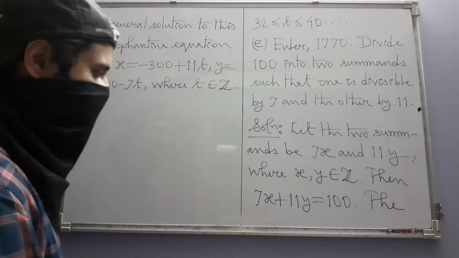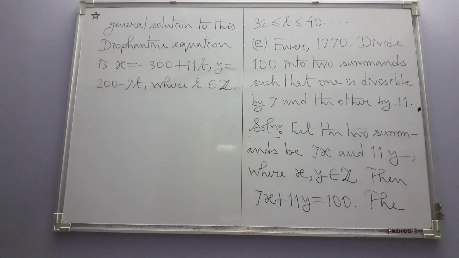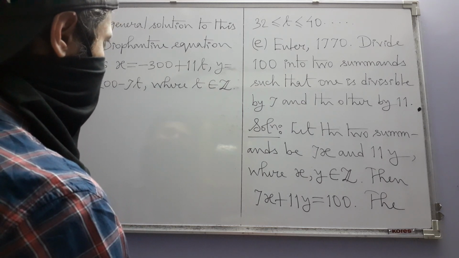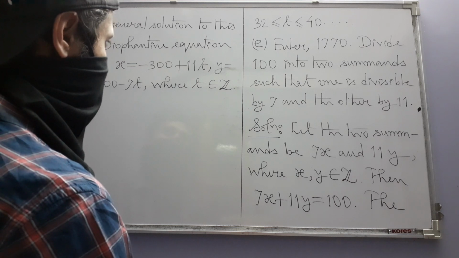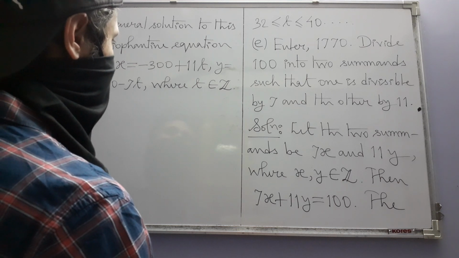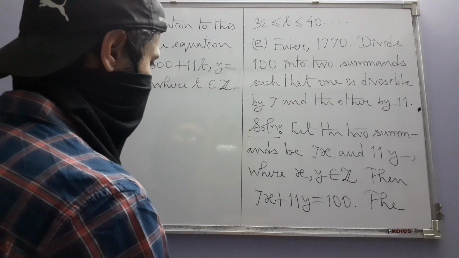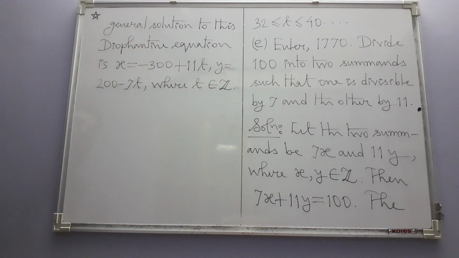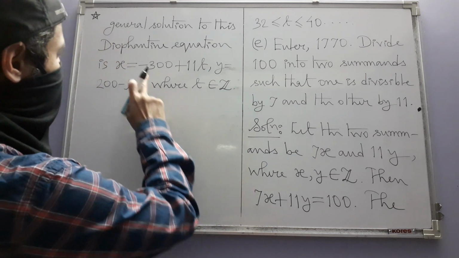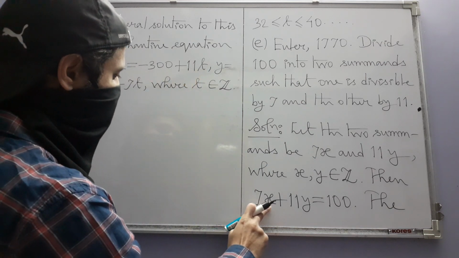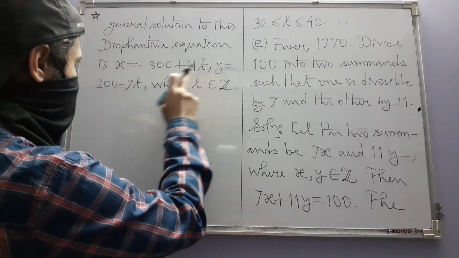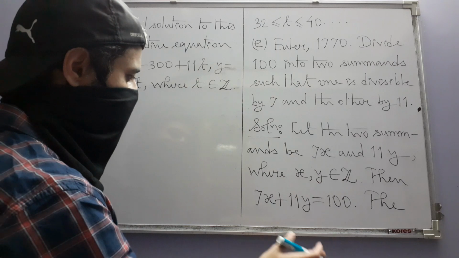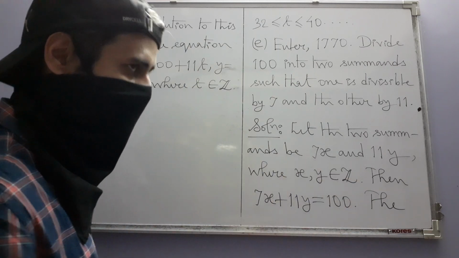No? We just need two integers. But at the same time, there is another thing, of course. If we put this expression for x here and this expression for y here, for any integer t, we are of course going to get 100.